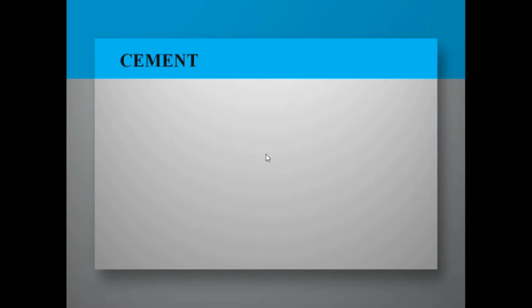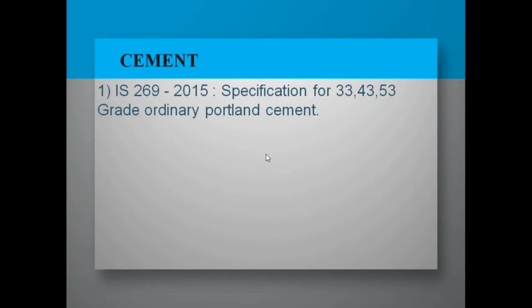First material is cement. IS 269 2015 is the specification for 33, 43, 53 grade ordinary Portland cement.